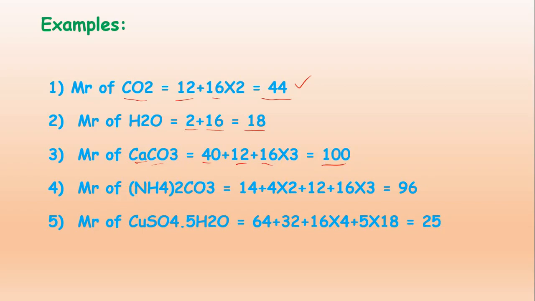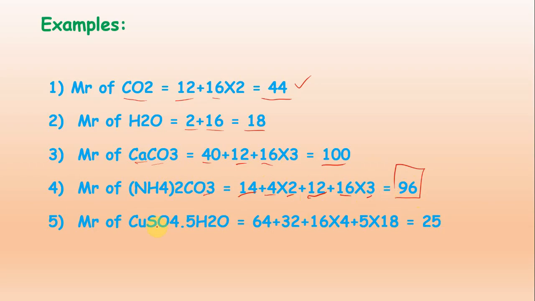And Mr of ammonium carbonate: nitrogen 14, hydrogen 4, then this complete group is multiplied by 2, then carbon 12, and then oxygen 16 multiplied by 3 because there are three oxygens, then we will get 96 total.